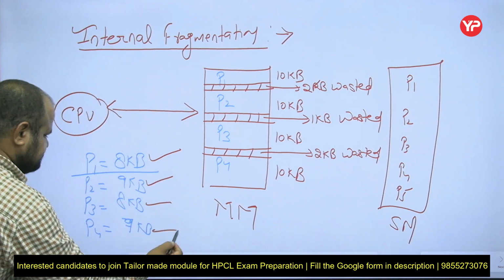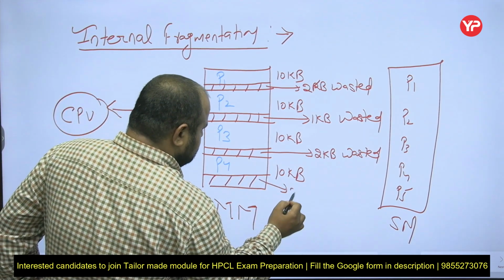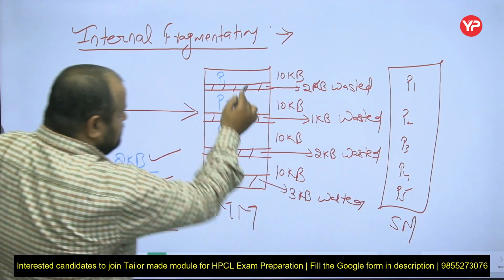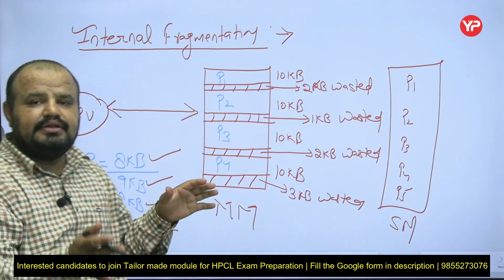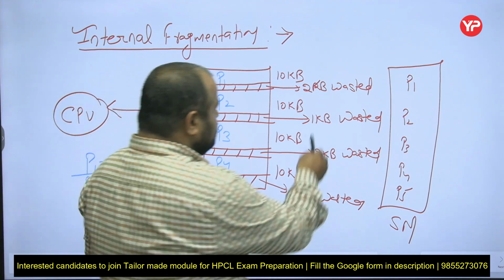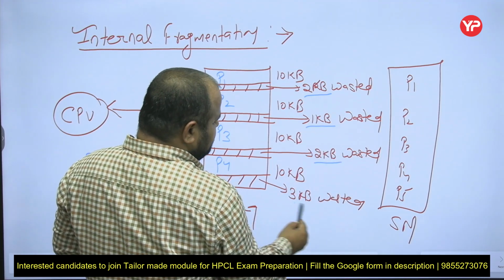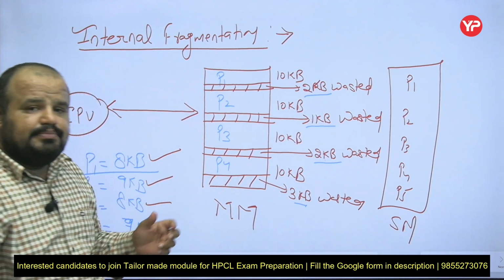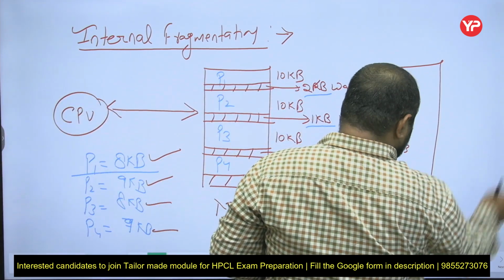And in the next case, 7 KB, we are wasting 3 KB. So the space which we waste in a block is called internal fragmentation. Total internal fragmentation is 2 KB, 1 KB, 2 KB, 3 KB: 3 plus 2, 5 plus 1, 6 plus 2, so 8 KB of space is wasted. That is called internal fragmentation.